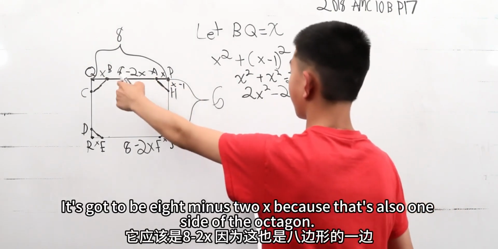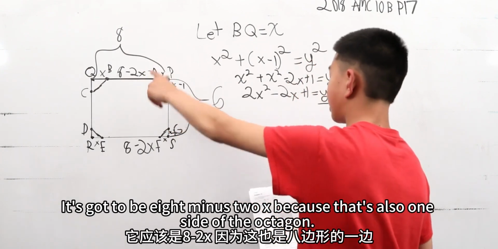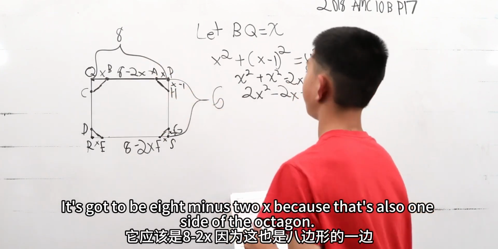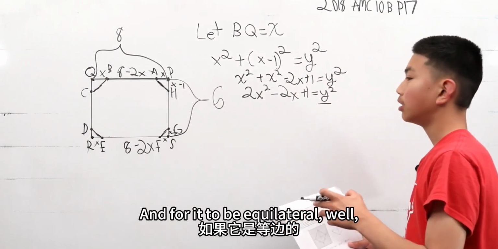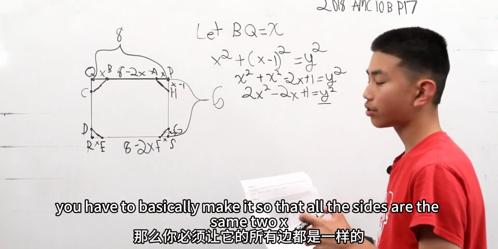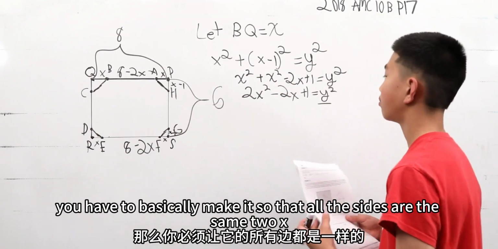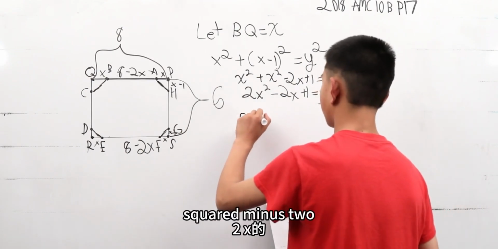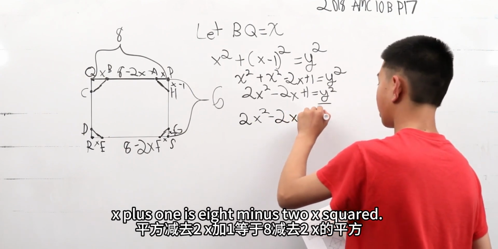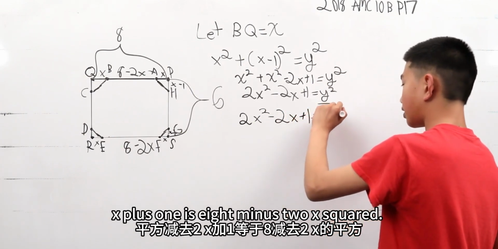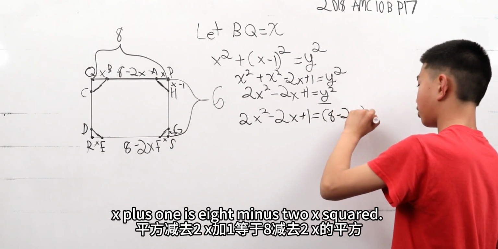It's got to be 8 minus 2x, because that's also one side of the octagon. And for it to be equilateral, you have to make it so that all the sides are the same. So 2x squared minus 2x plus 1 is (8 minus 2x) squared.